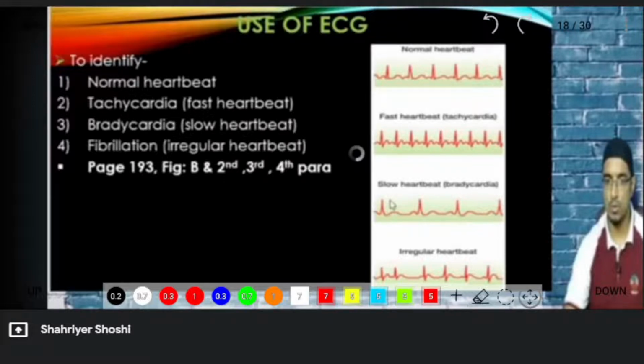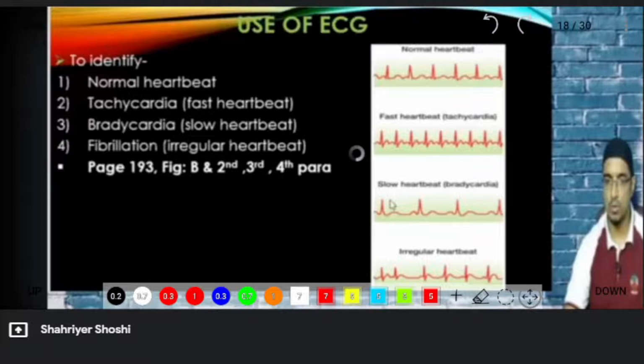Tachycardia is a fast heartbeat. Bradycardia is a slow heartbeat. And fibrillation is an irregular heartbeat. These are the four cases, and there are four diagrams shown. The first one is for normal heartbeat, where the difference between the peaks is the same, regular.